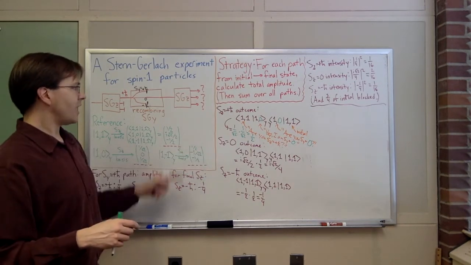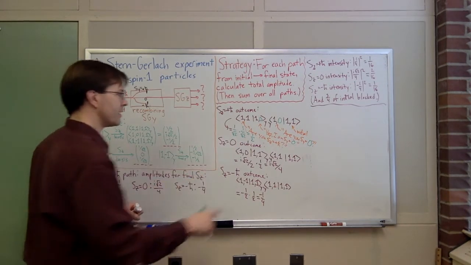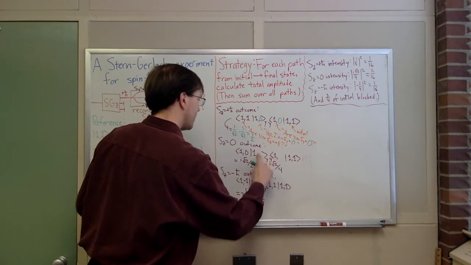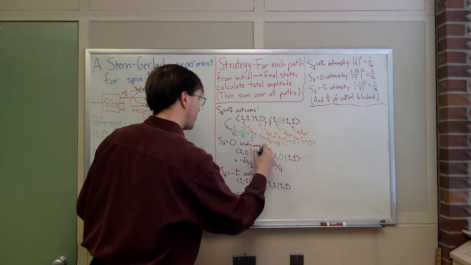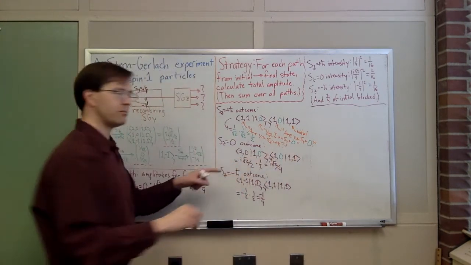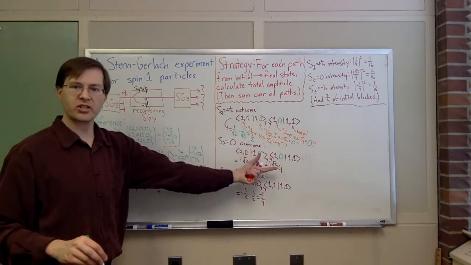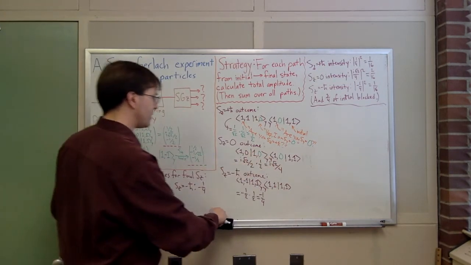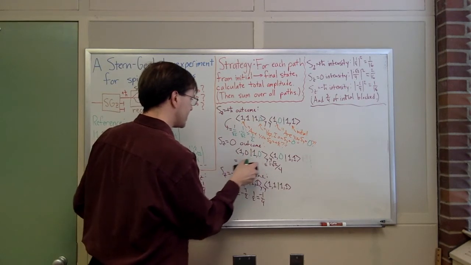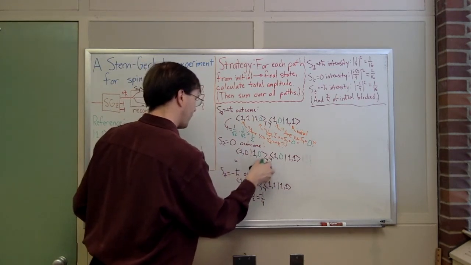So I've got that. I can do the same things down below, right? I get this case. My projection operator has changed from the top beam to the middle beam, the Sy equals 0 projection operator. And that means I'll be changing these pieces. What do I get for this one?